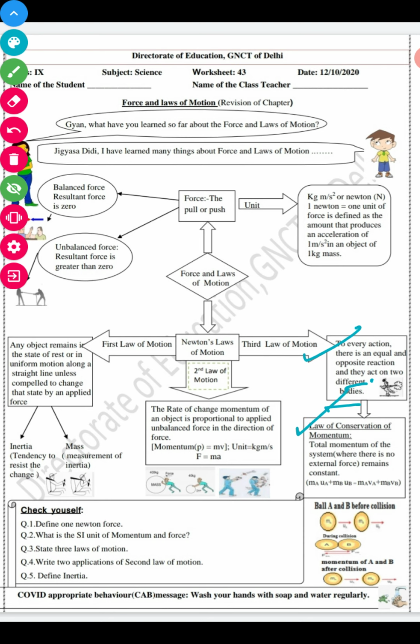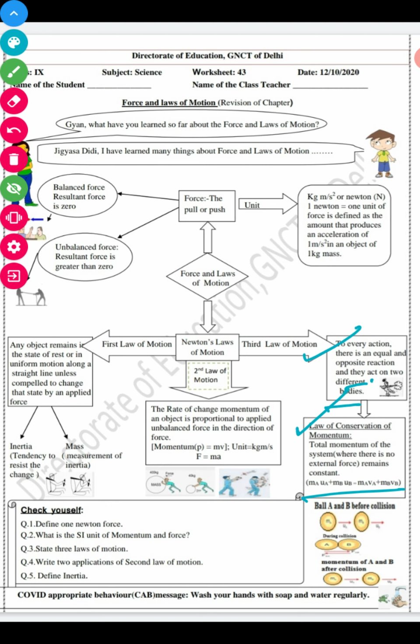So this is also known as the law of conservation of momentum. This we did in our last worksheet only. The total momentum of a system where there are no external forces applied remains constant. That is mAuA plus mBuB is equal to mAvA plus mBvB.